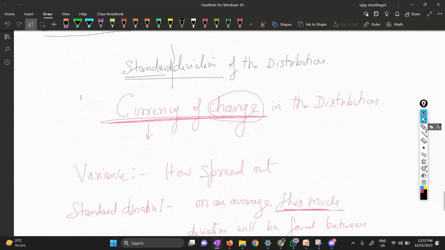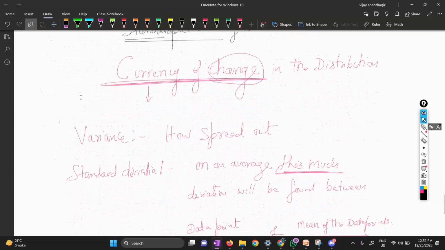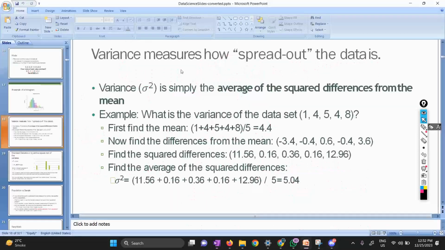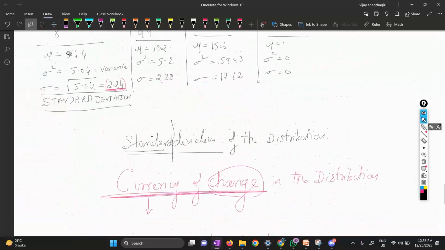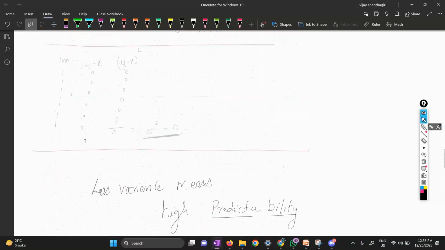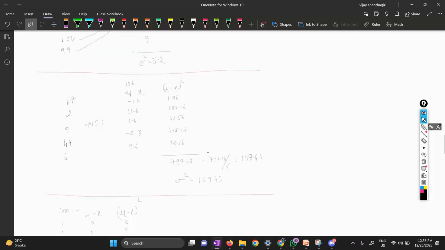Your variance, how it is now, you go and see this one. Variance is simply the average of the squared differences from the mean. That's what it is. That's what we did. See, the average, look here, this is the average of the squared difference from the mean.